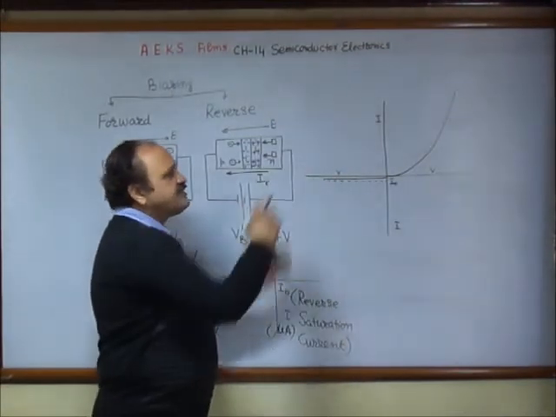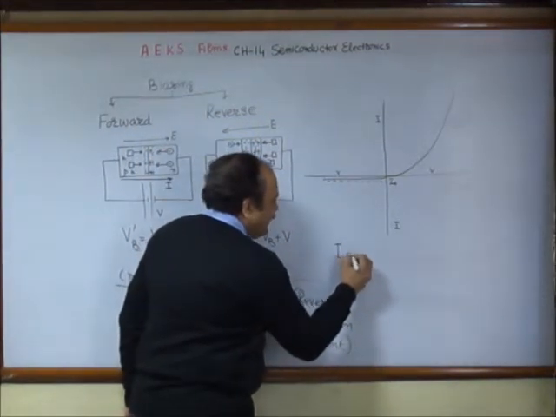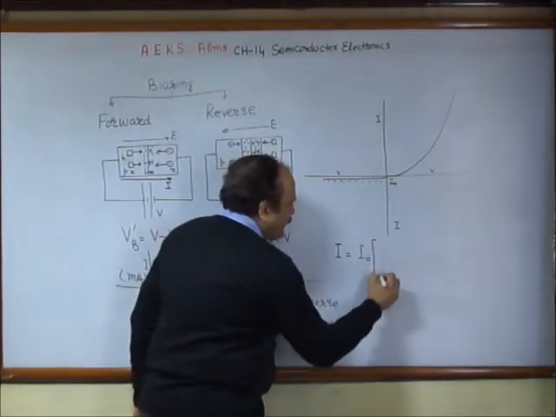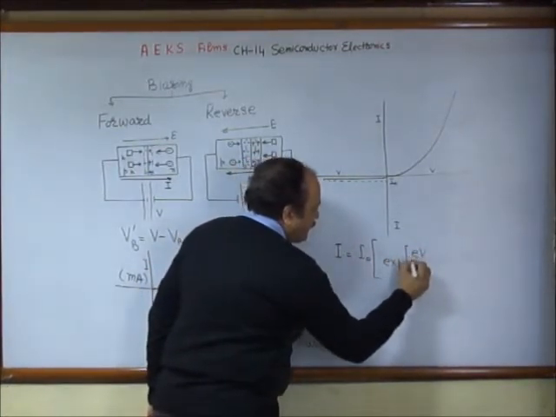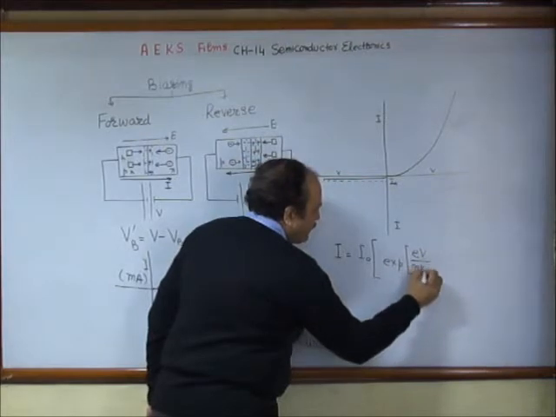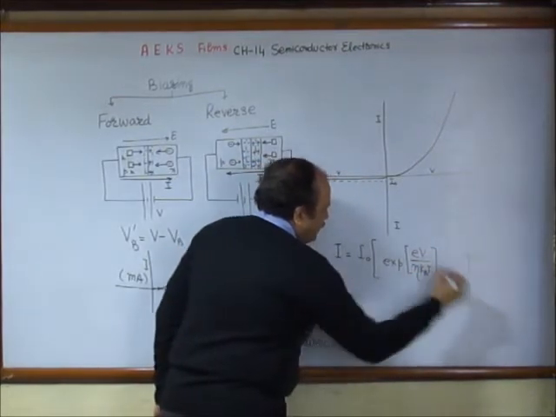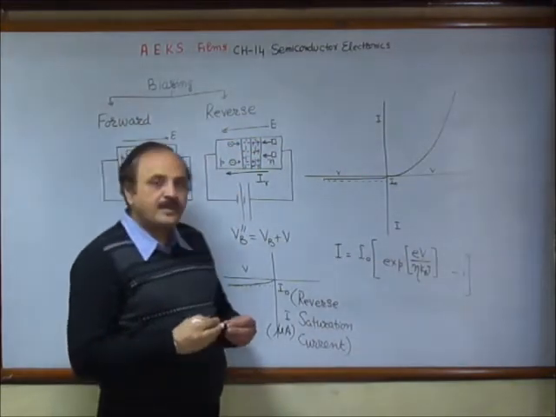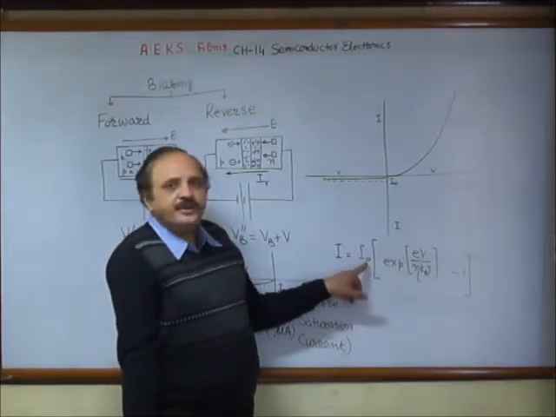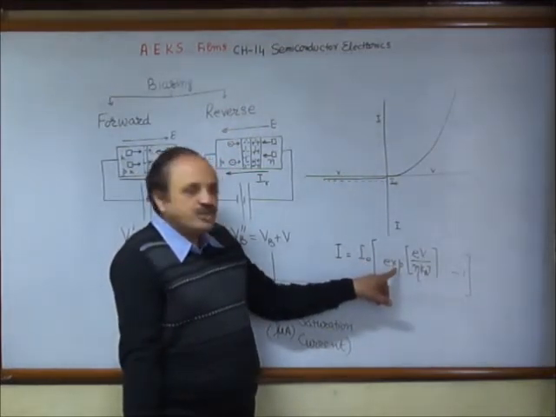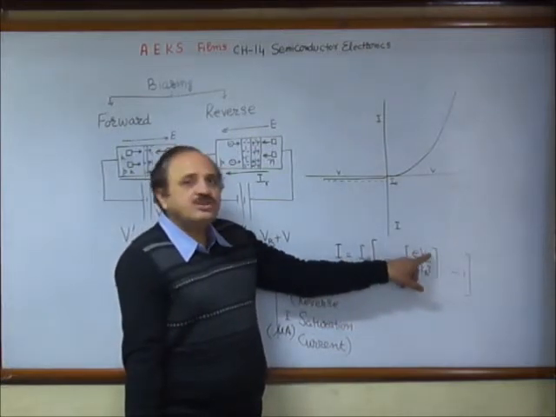A formula which represents this type of variation is something like this. This is the reverse saturation current, an exponential function with the power e, the electronic charge, V the potential which you are supplying.